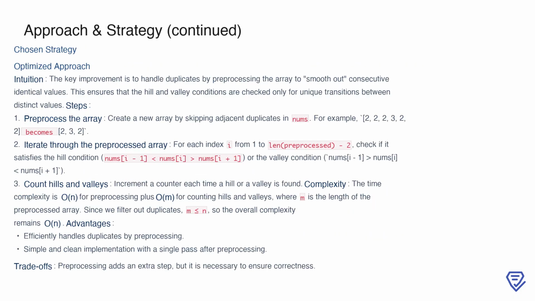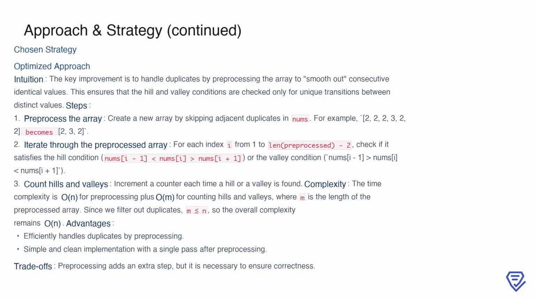The optimized approach builds upon the brute force method by introducing a pre-processing step to handle duplicates. The idea is to first create a new array where consecutive duplicate values are skipped, leaving only unique transitions. For example, the array [2, 2, 2, 3, 2, 2] is transformed into [2, 3, 2].